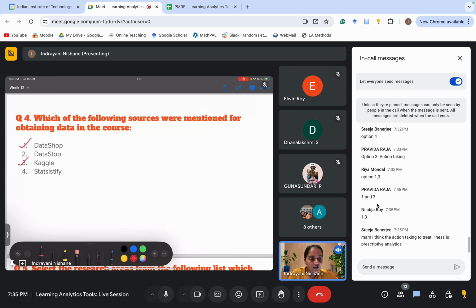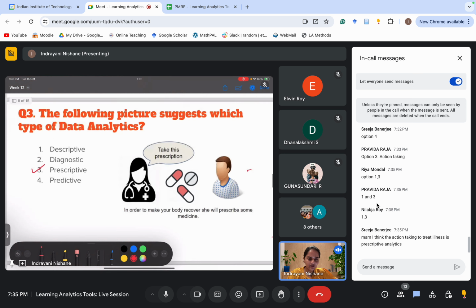So Shrija is saying, I think the action taken to treat illness is prescriptive analytics. Yes, this is the action being taken by the doctor, who says take this prescription. So this becomes prescriptive analytics, and not predictive. Shrija, you had said option 4, which is predictive analytics.